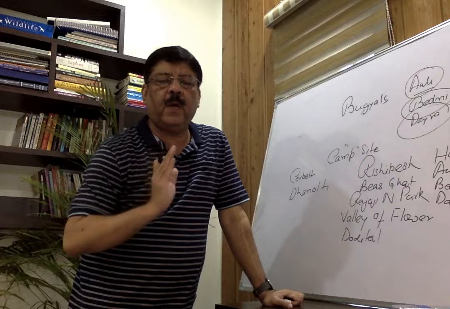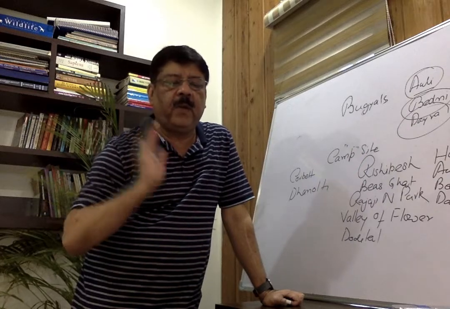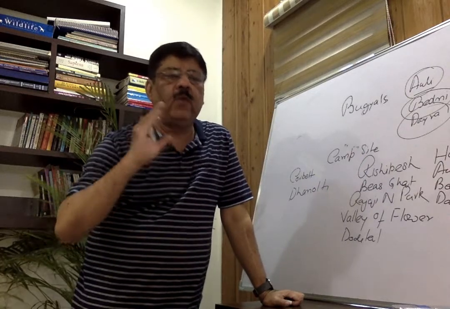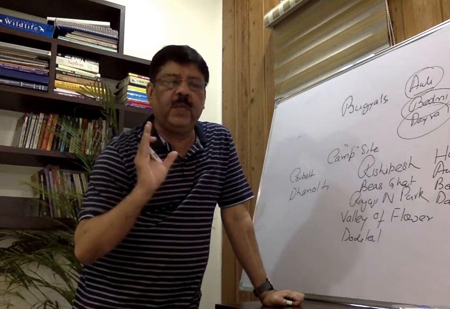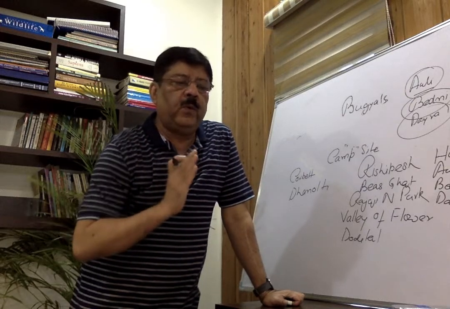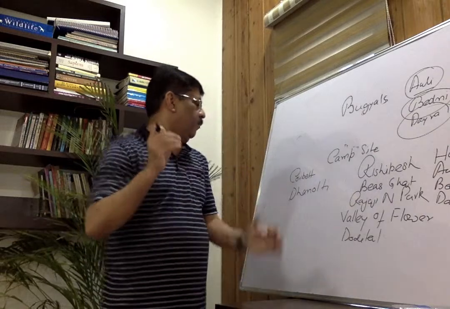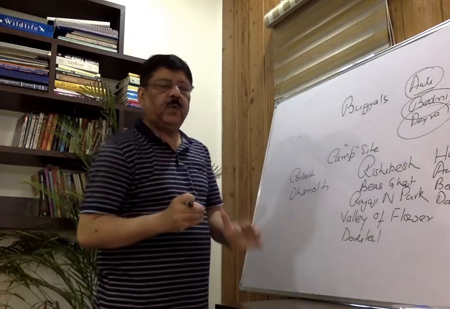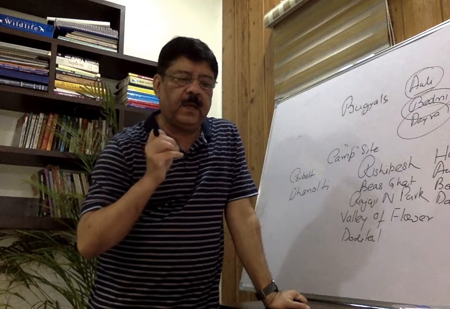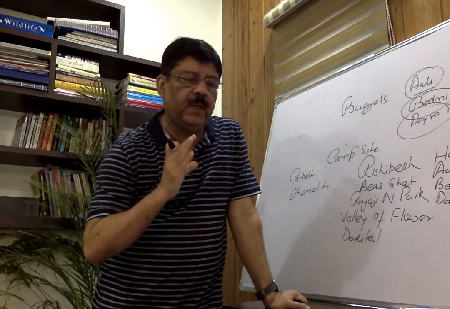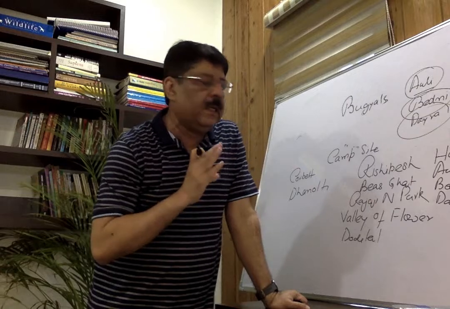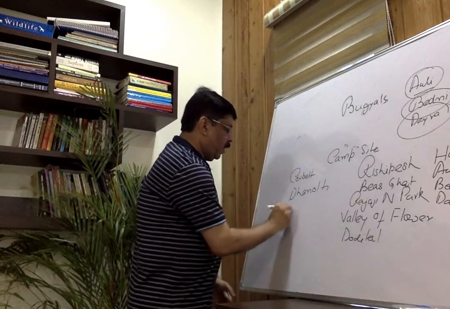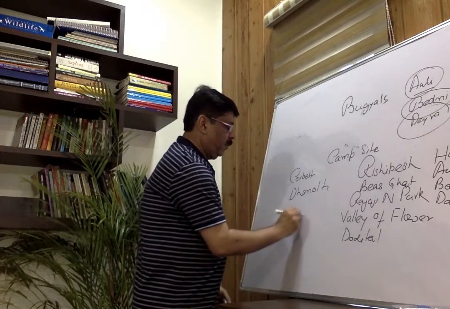It's famous for its biodiversity and snowfall. If you cannot find snowfall in Mussoorie and Dehradun, you can go to Dhanolti. You can find the snowfall often. Dhanolti is a very beautiful place. And Chakrata is also a famous spot and camping site.